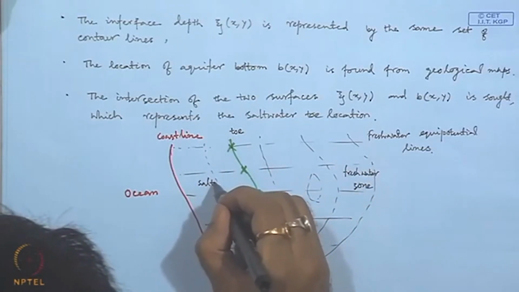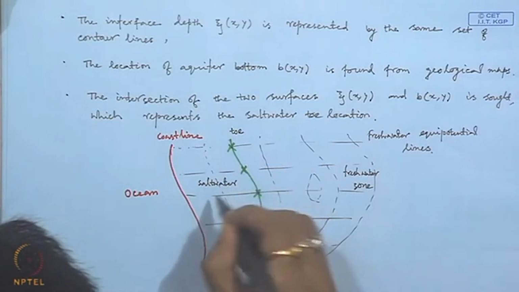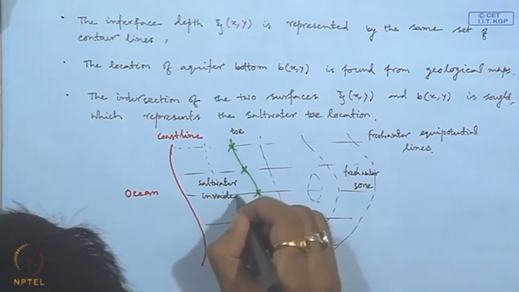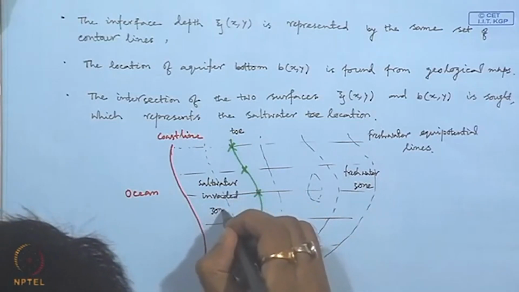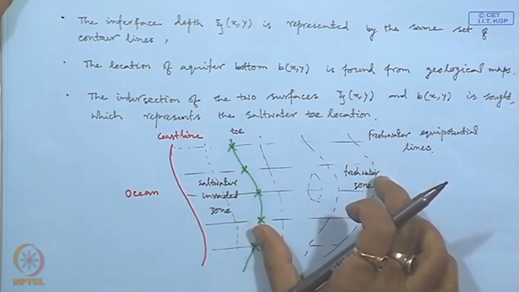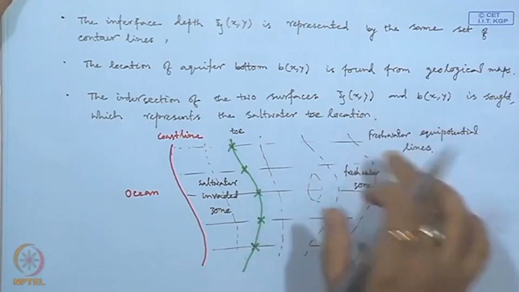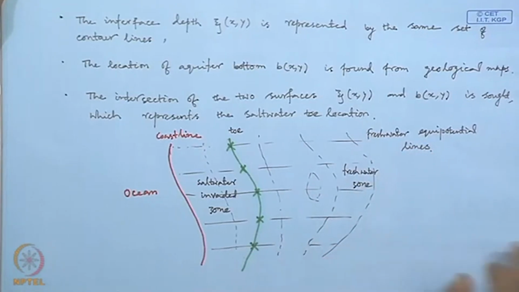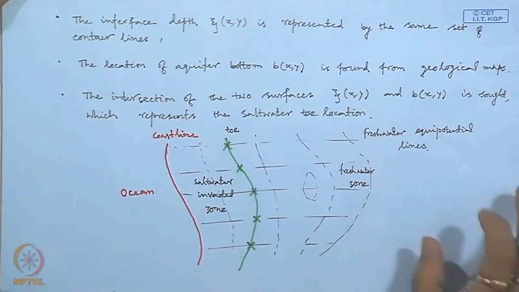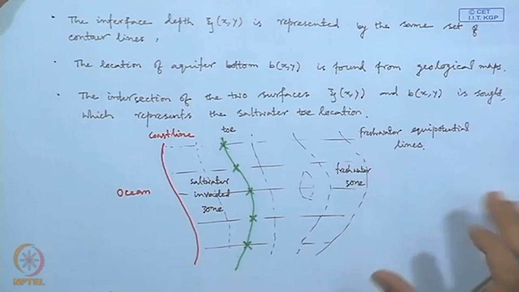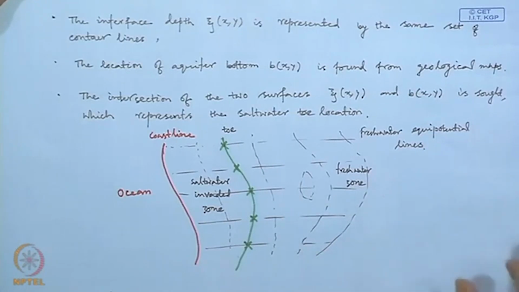So, we have the salt water invaded zone, then we have the fresh water zone, and these are our fresh water equipotential lines. So, using the Ghyben-Herzberg principle, we can easily identify the toe location in the field.